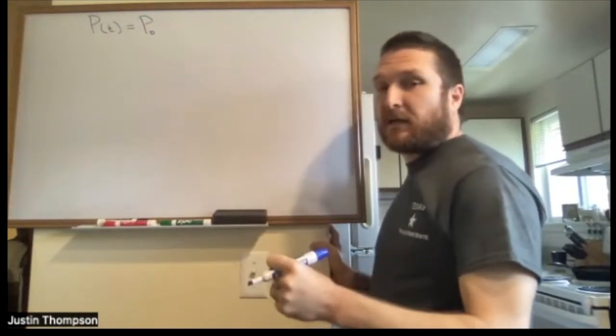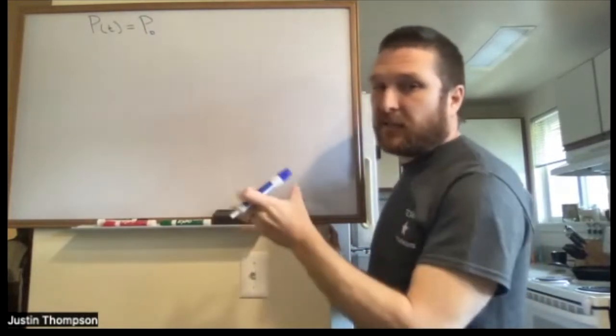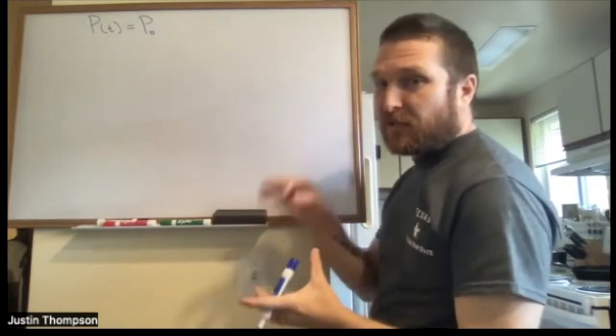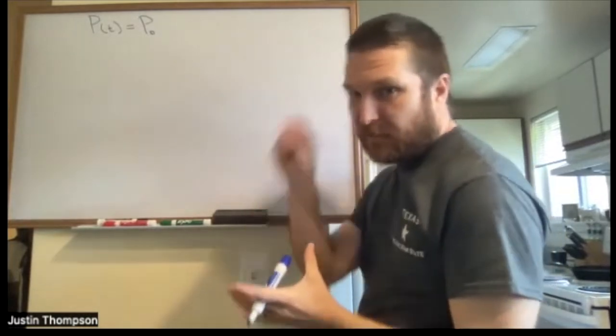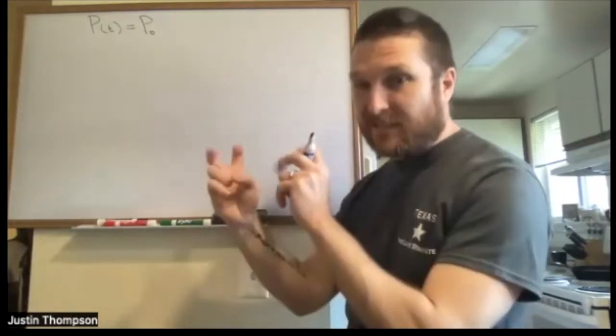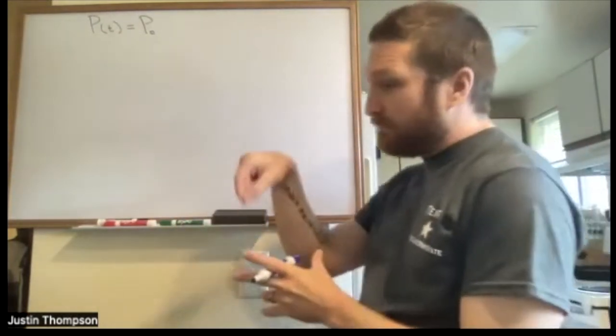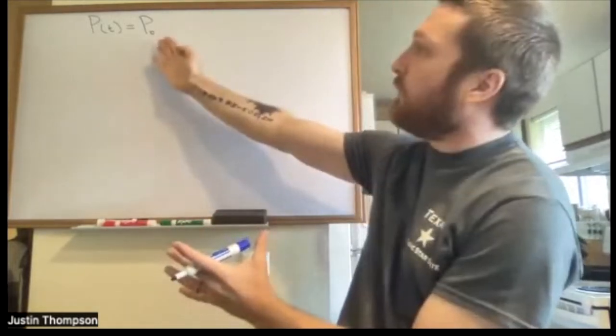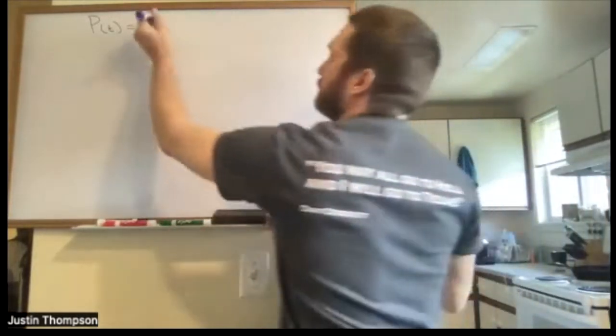Or maybe we're talking about when I hit the clock, or when I'm in the lab and I take some bacteria and put it in a Petri dish at a given time. That would be time 0. And however many bacteria I put in the Petri dish would be my initial population right there.